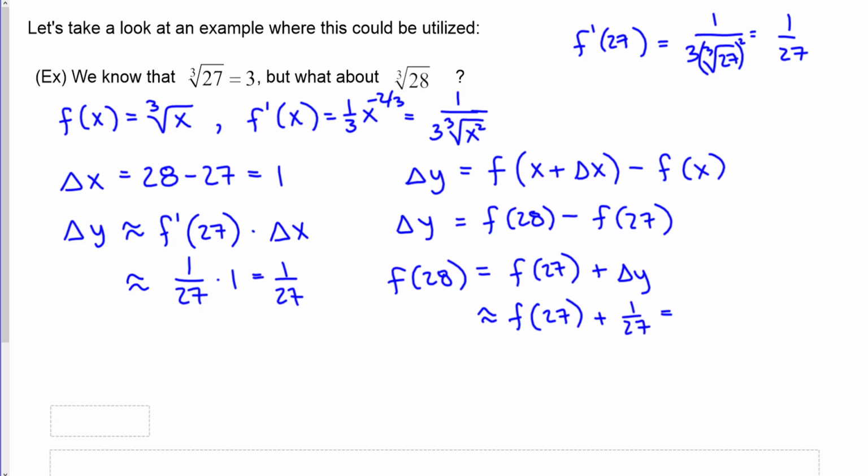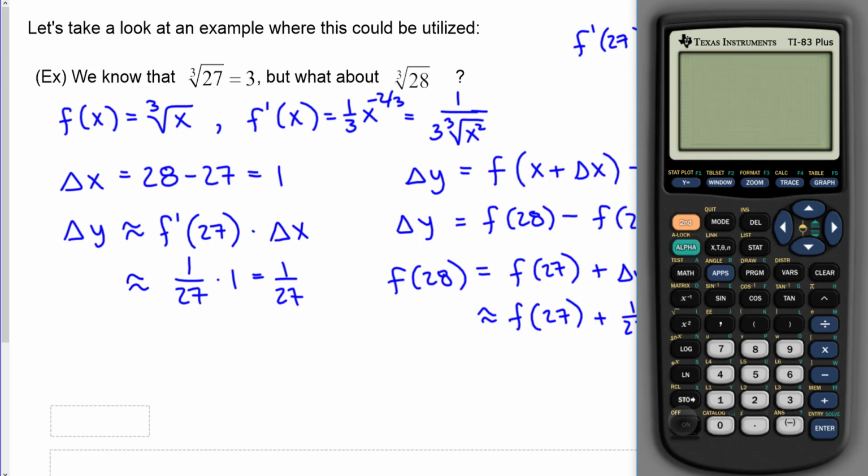So this would be 3 plus 1/27, just so we can see a decimal value to compare with. 3 plus 1/27 is 3.037. And if I do the cube root, let's see, I gotta do math, and then cube root of 28, let's see how we did.